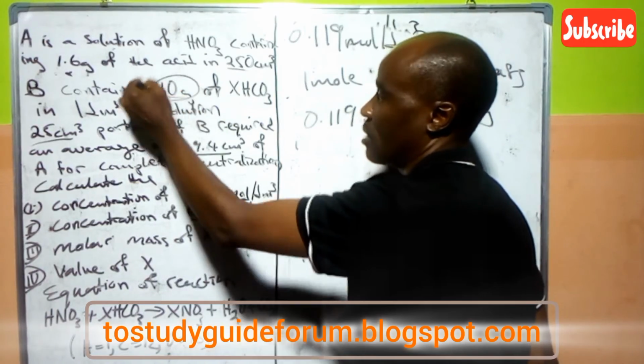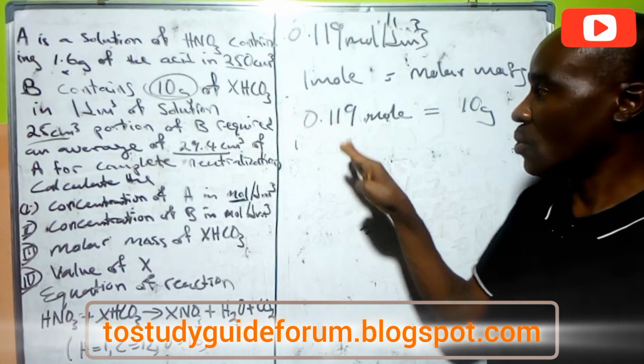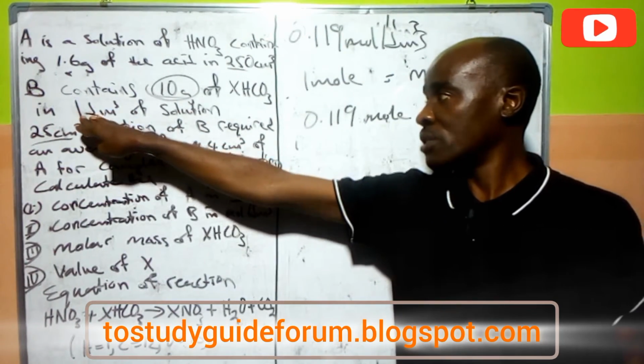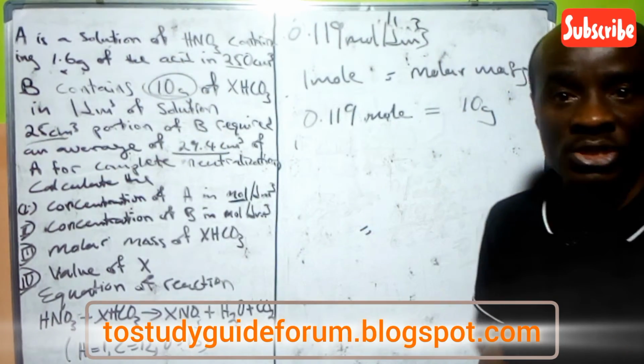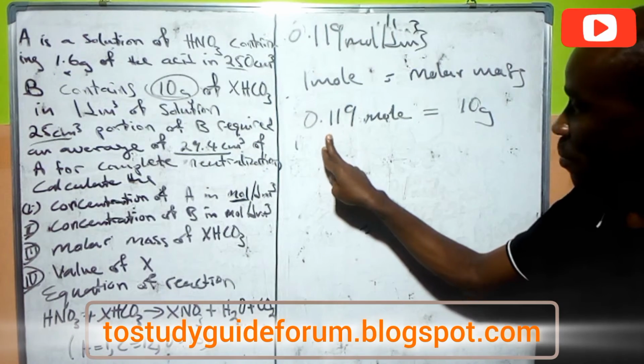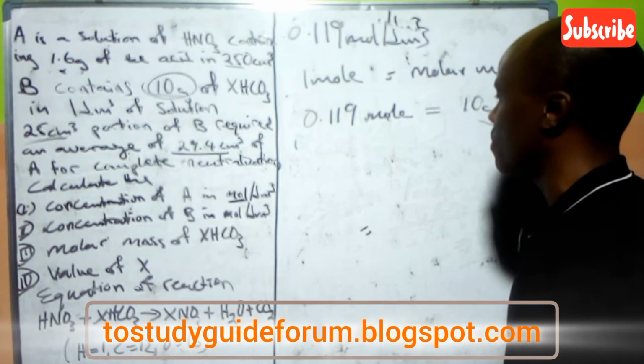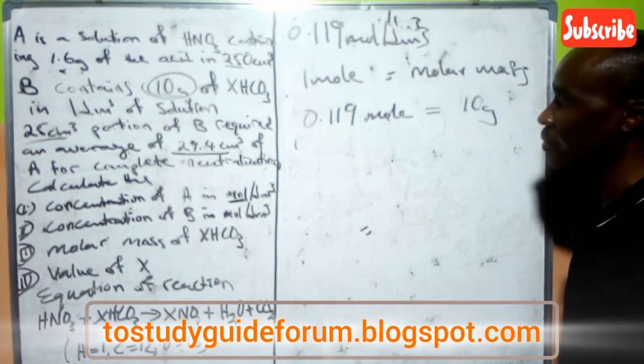Also given to us, 10 grams. So that is what it means. This solution that contains 1 dm cube of the S hydrogen trioxocarbonate will have 10 grams of it. So it means that this 0.119 is equal to 10 grams. So what are we going to have if we are looking for the mole?